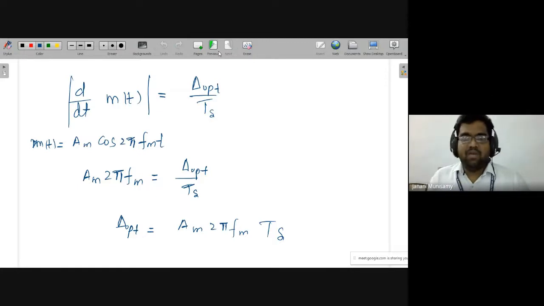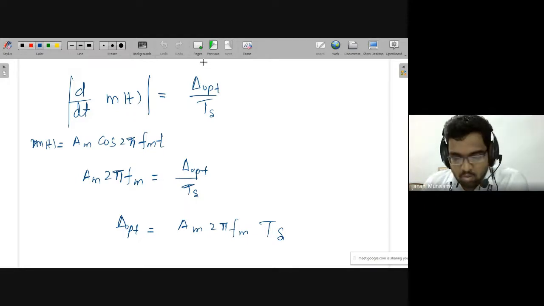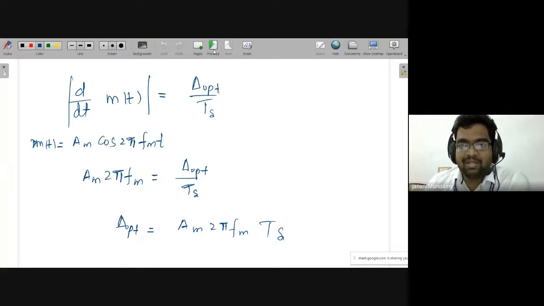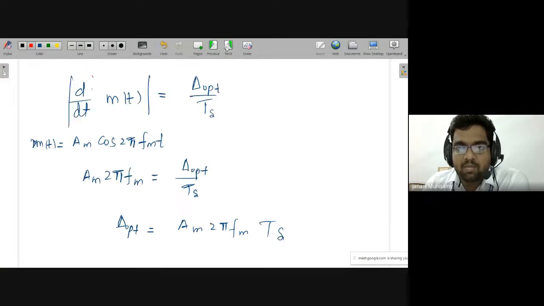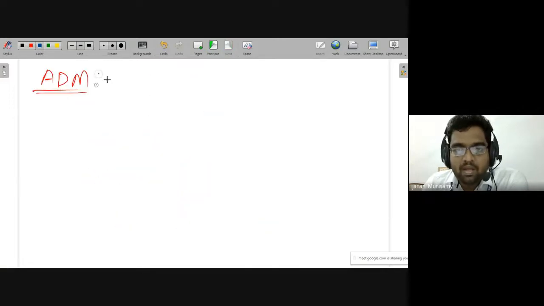It may keep on varying. So again there we have to go by some other technique, that is adaptive delta modulation, ADM. ADM means adaptive delta modulation.